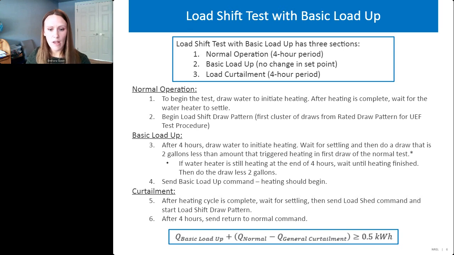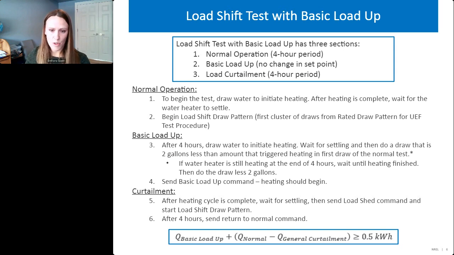And then once that heating is complete, then you can move on to this draw that is 2 gallons less than that volume to initiate heating. The intent being we want to draw enough water so that it's not quite heating yet, but that when we send the basic load up command, heating does begin.